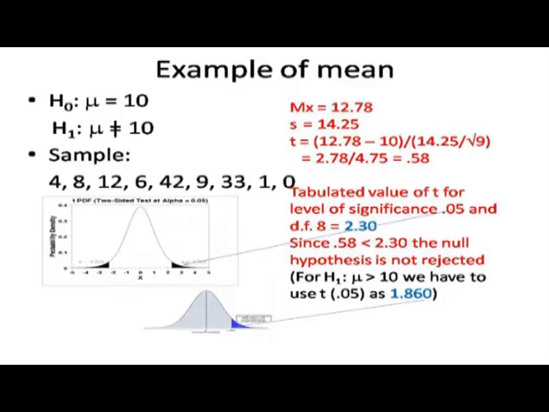For the alternative hypothesis that mu is greater than 10, however, we have to take t at 0.05 as 1.860, even then the null hypothesis will not be rejected.